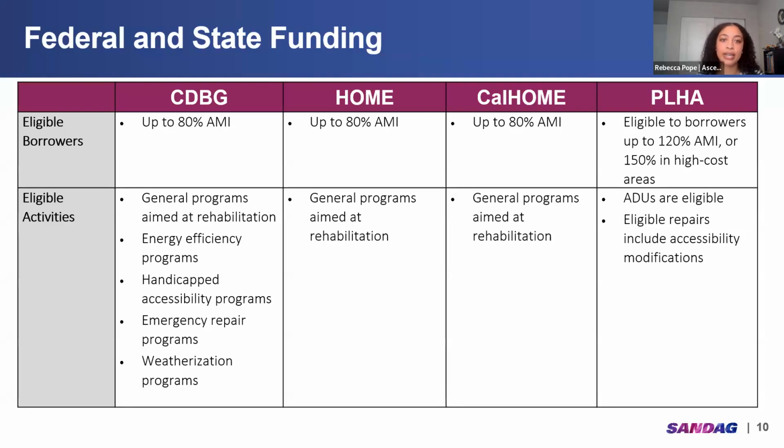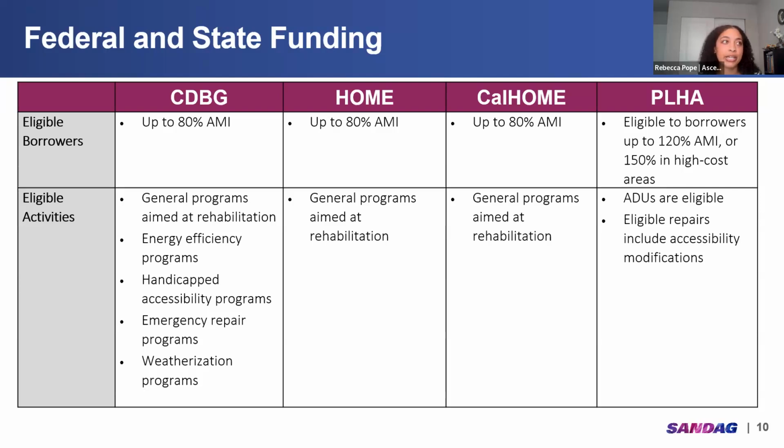But like I mentioned, if you're using HOME funds, then the entire house must be brought up to local code standards. So that means that some special purpose homeowner repair programs, including weatherization or handicapped accessibility modifications, would not be eligible unless they're folded into a more comprehensive scope of work that brings the entire unit up to standards.